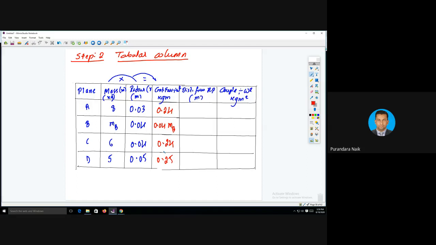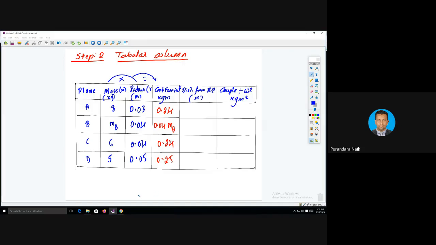Now, before going to the distance from the reference plane, we need to see whether it is possible to draw a centrifugal force polygon or not. Here we have different centrifugal forces. The first one is 0.24, the centrifugal force of A. The angle of A is 0 degree.